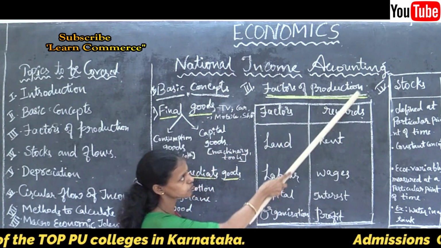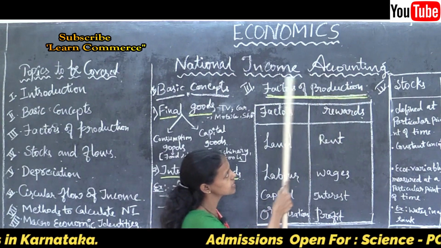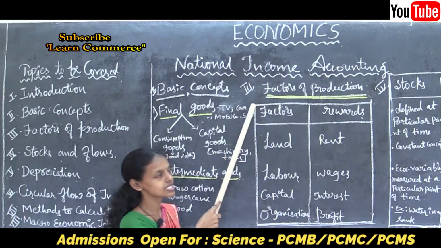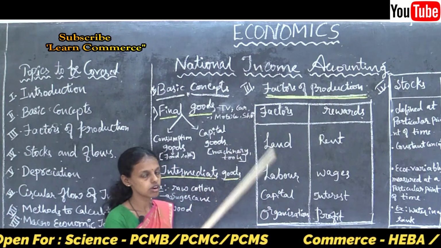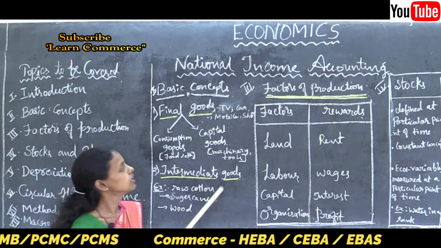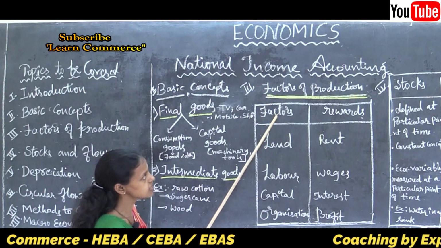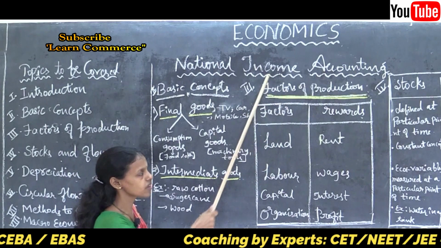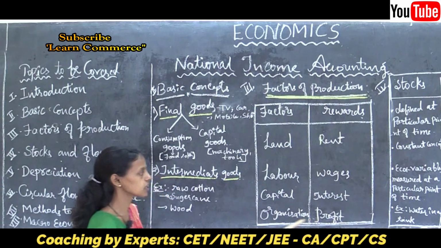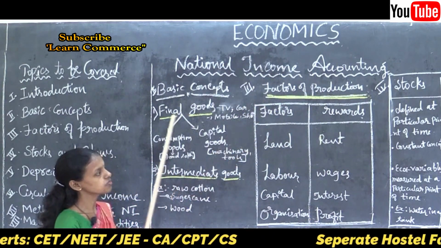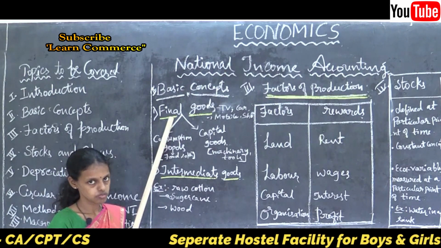Those factors of production are the influencing factors in the process of production. These factors are involved in the production of final goods and services.